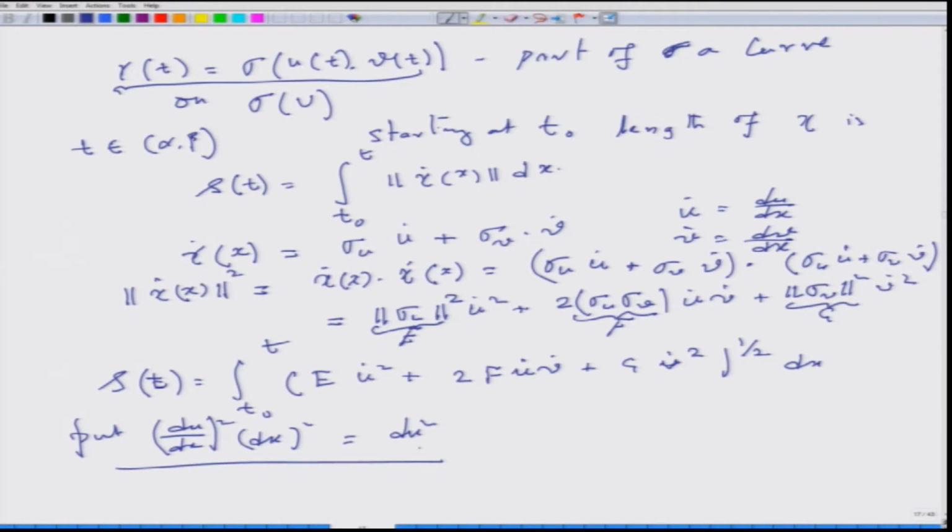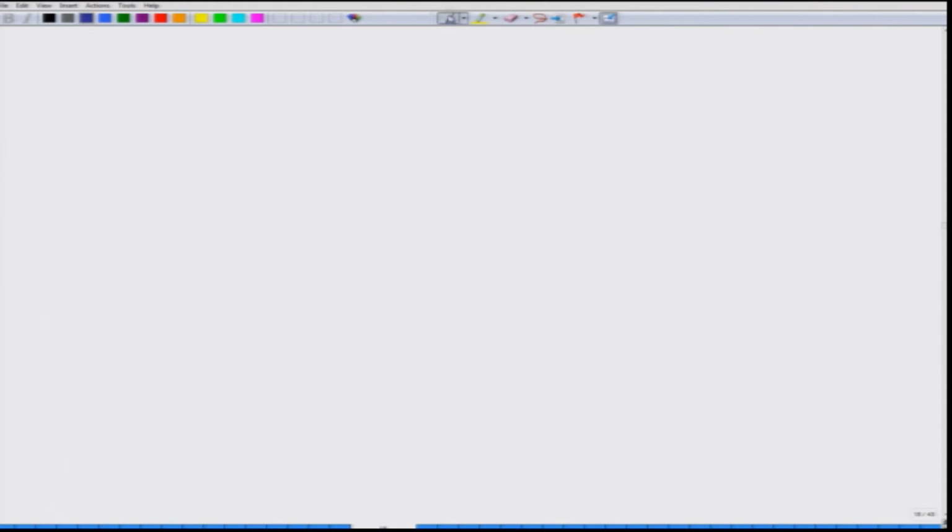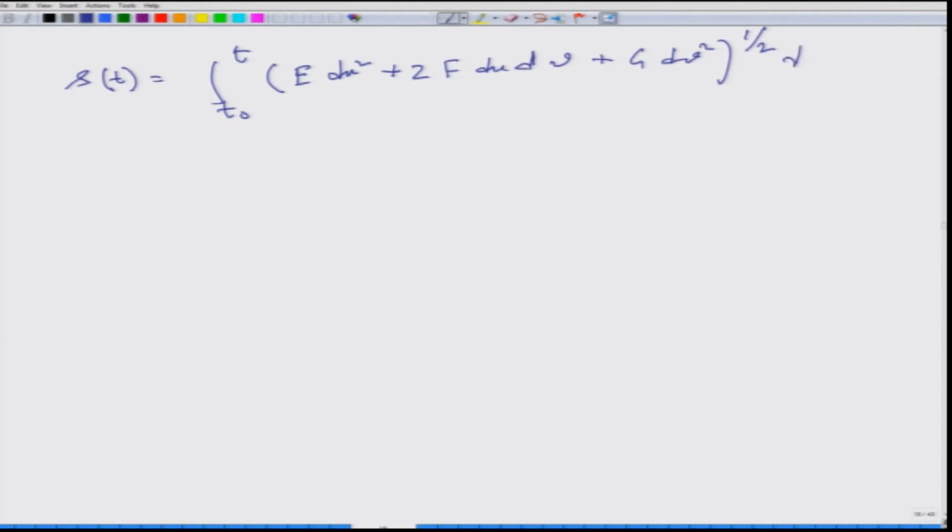So, this is just notation. What I get is s of t equal to the integral from t naught to t of E du squared plus 2F du dv plus G dv squared, to the power half, correct.